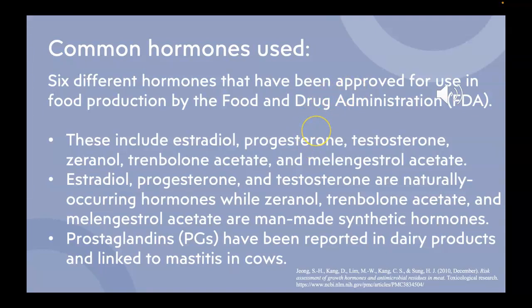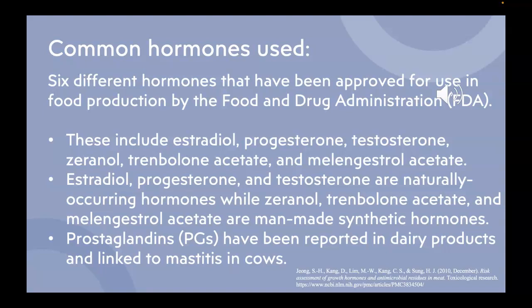This slide discusses the common hormones that are used in food production. The FDA, the Food and Drug Administration, approved 6 different hormones for use. These include estradiol, progesterone, testosterone, zeranol, trenbolone acetate, and melengestrol acetate.